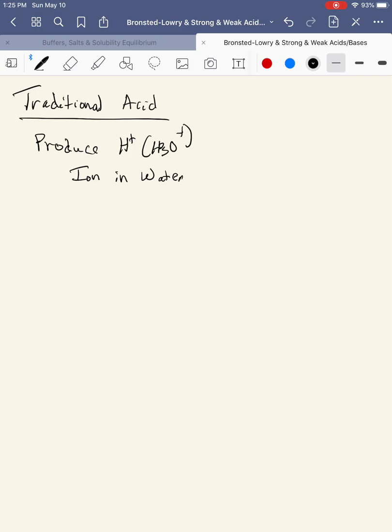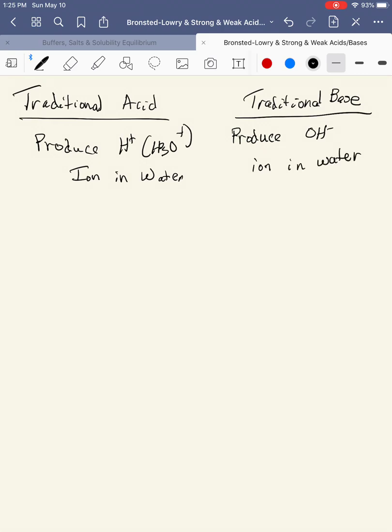The traditional base, very similar, only we're talking about produces a hydroxide ion in water.